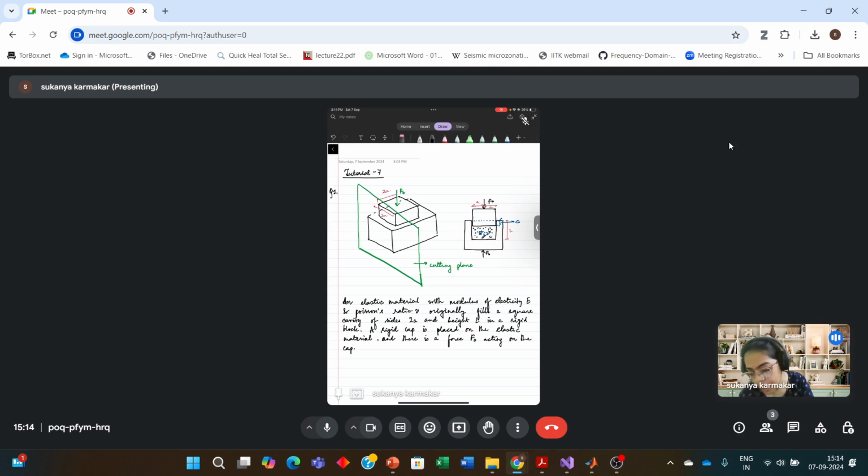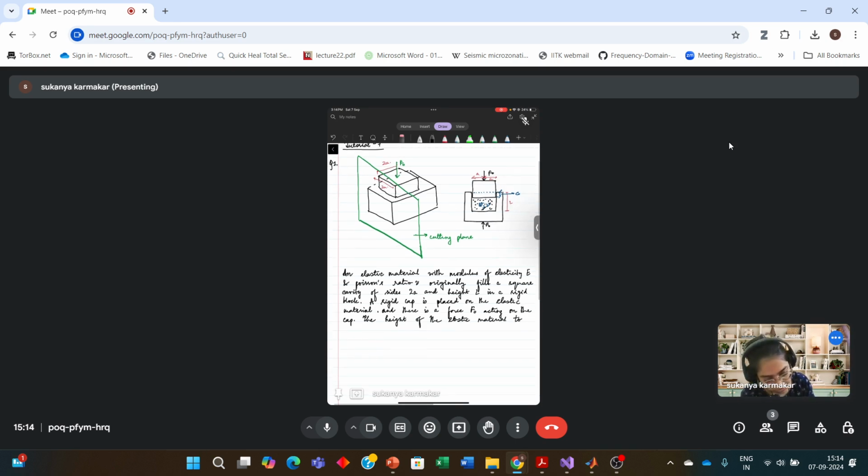It is seen that the height of the elastic material has decreased by an amount C. Basically the elastic material is getting compressed.